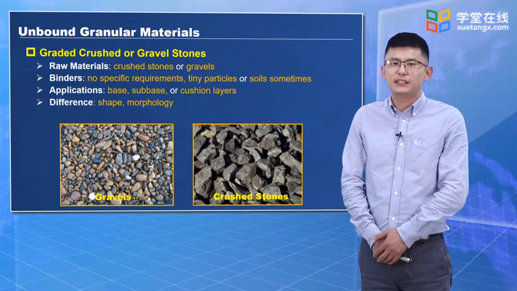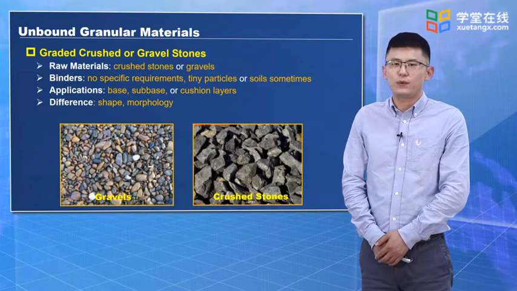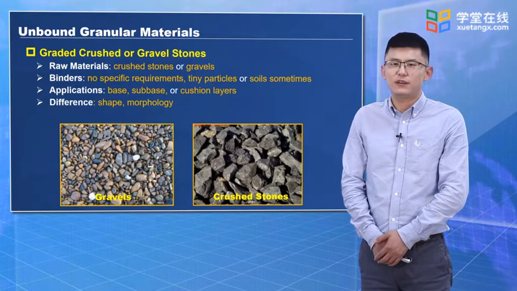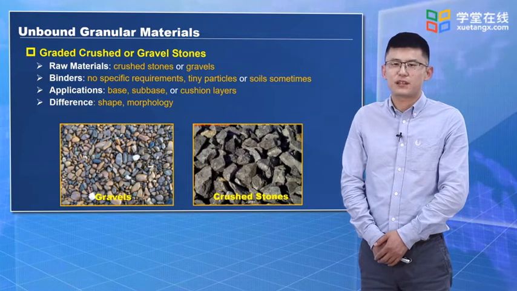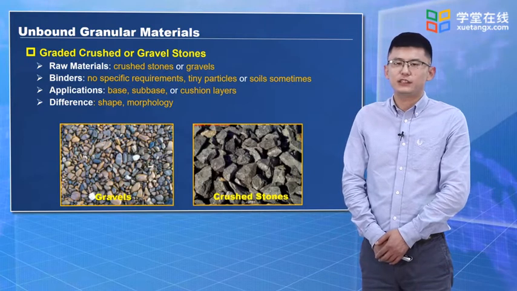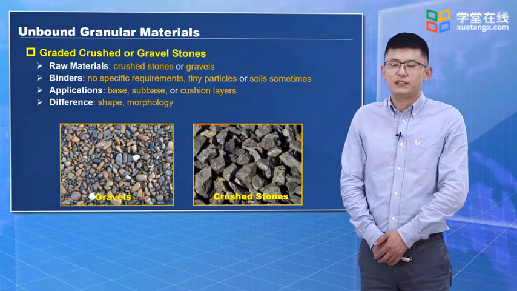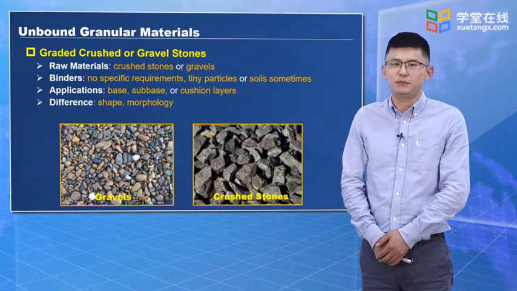We can see that generally the gravels are round with smooth surface. However, the crushed stones are angular and they have fractured faces. This is very important because when they are utilized in the asphalt pavement and for the concrete pavement, they may have different properties, and we also have different requirements for them.